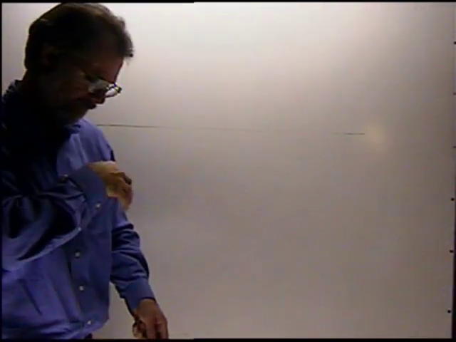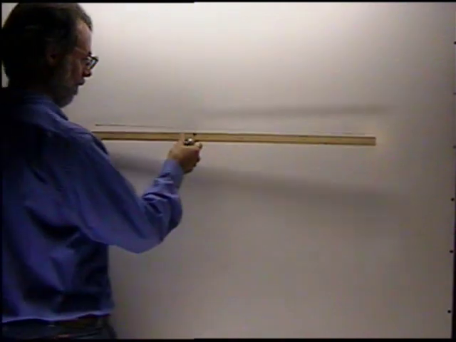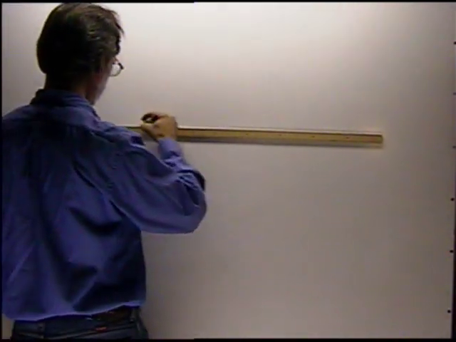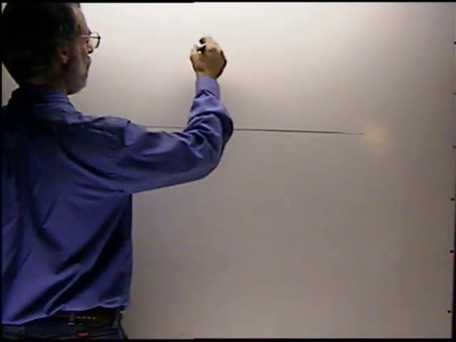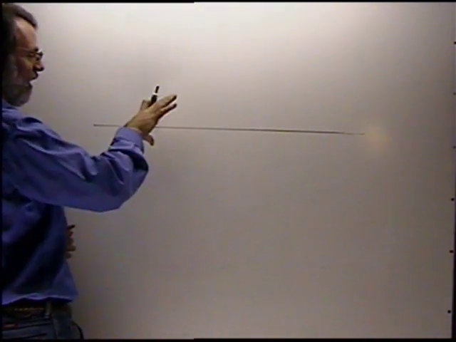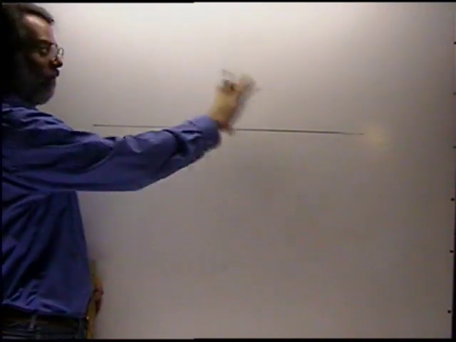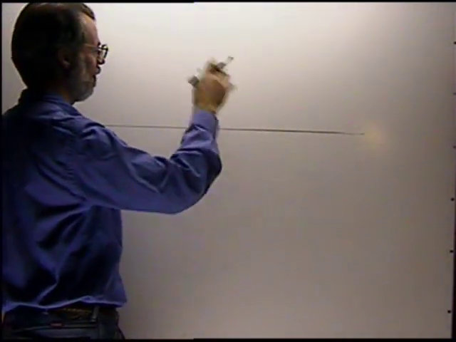Let me draw that again. Here's our optic axis. It's a convex mirror. Generally optics problems are solved from the left to the right. So the object's on the left, and the image will be somewhere on the right.